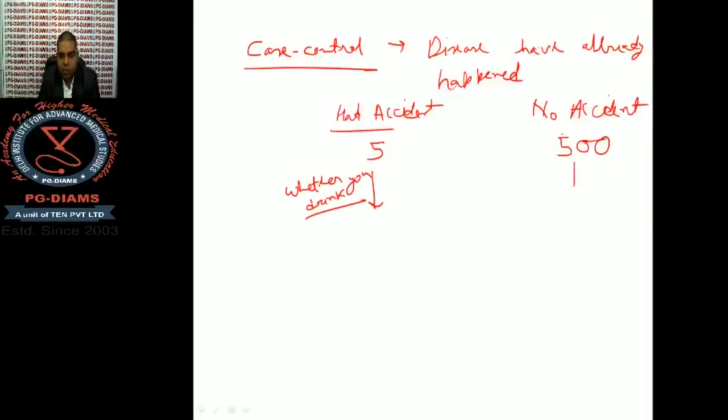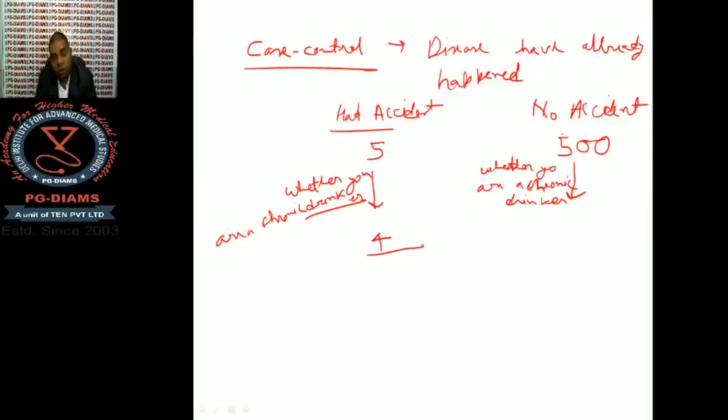The same question will be asked of both groups, that is, whether you are a chronic drinker or not. Suppose out of these 5, 4 said yes, we are chronic drinkers, and we drank on the day on which the accident happened.